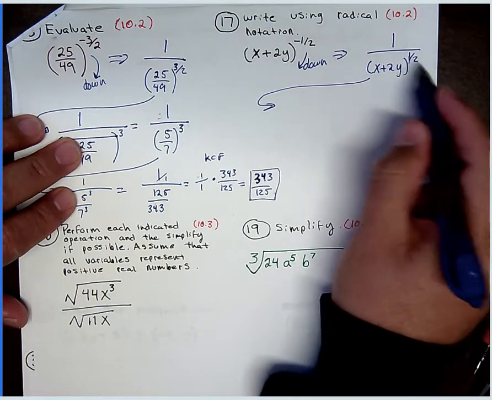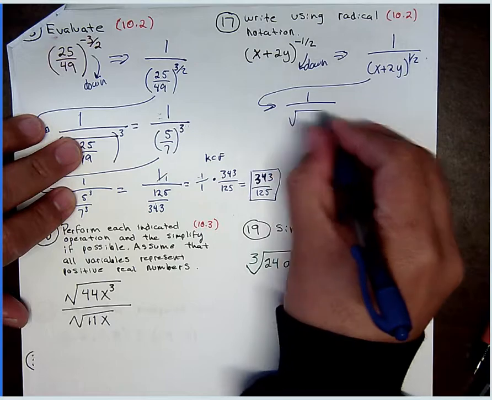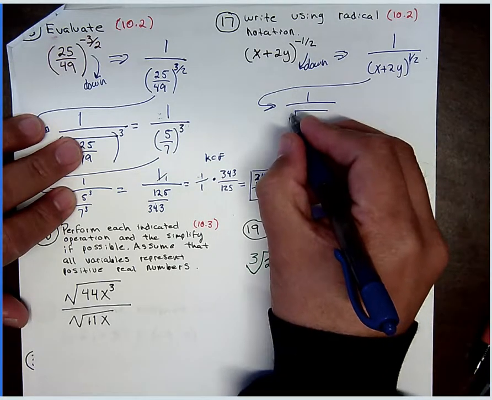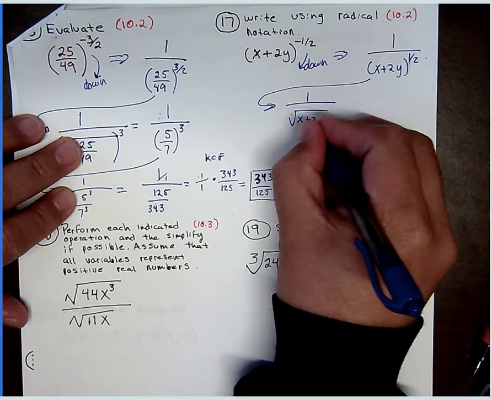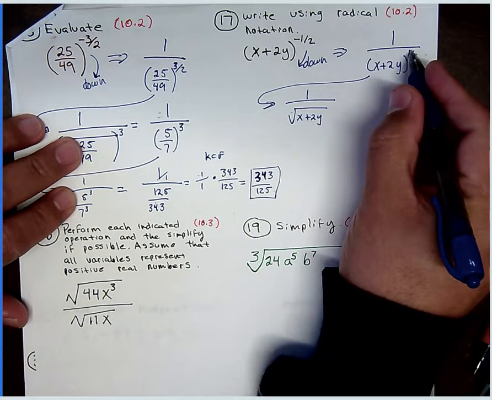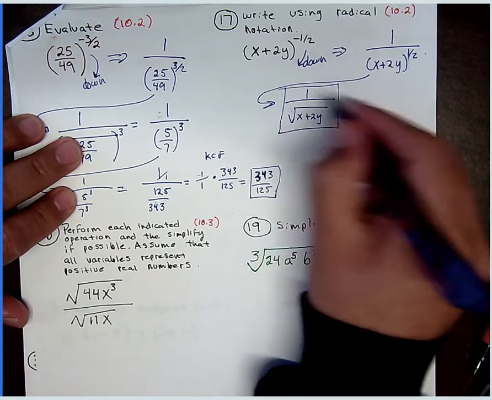And then I'm gonna write it in radical form. So that index tells you the 2 goes here, the base goes inside the radical, and that's an exponent of 1, so we don't need it. That would be the answer for this one.